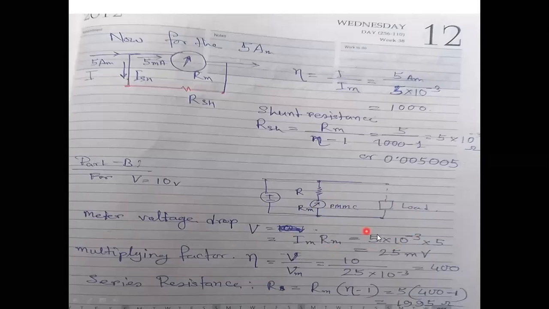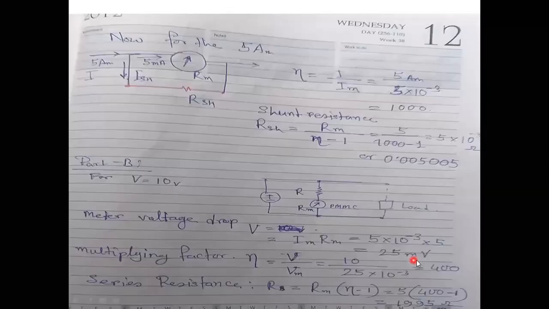Im is the full scale deflection current, and Rm is 5. So this is 25 millivolt. This is the voltage drop across this path, 25 millivolt.